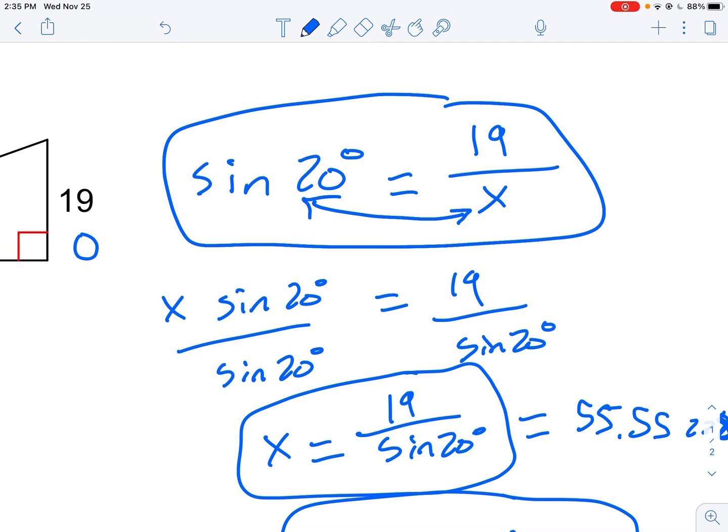And it's always going to work out like that. You'll times by the denominator, and then you'll divide by whatever was here. And so they're essentially switching locations. That's going to happen pretty often as I do further examples in the future, so you can just switch those. It's just a really nice property with fractions and equations.